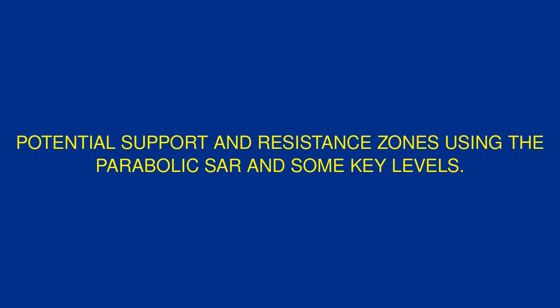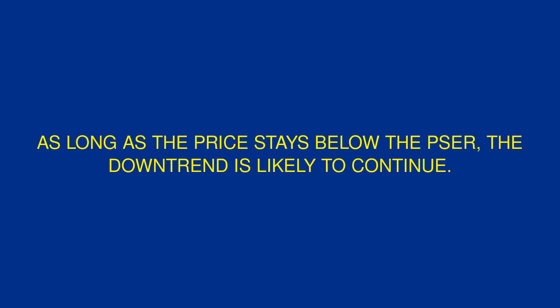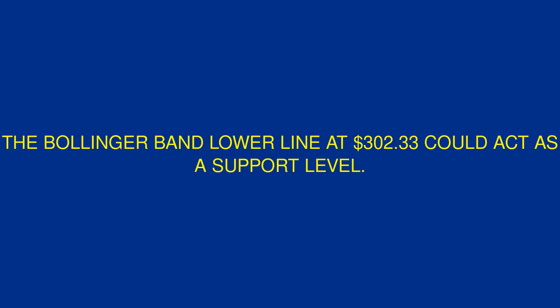Finally, let's talk about potential support and resistance zones using the parabolic SAR and some key levels. The PSAR is at $387.82, which is well above the current price, confirming the bearish trend. As long as the price stays below the PSAR, the downtrend is likely to continue. On the downside, the Bollinger Band lower line at $302.33 could act as a support level.